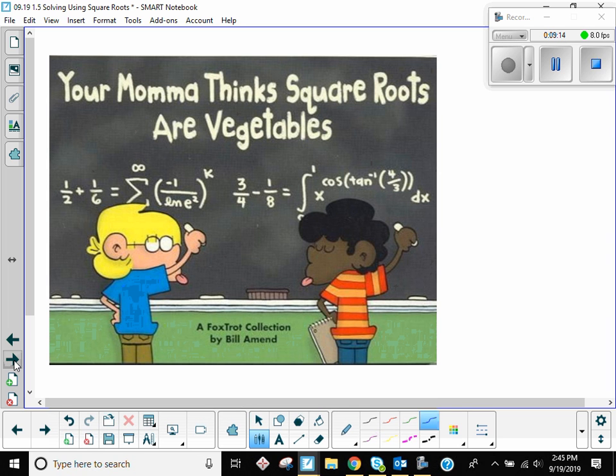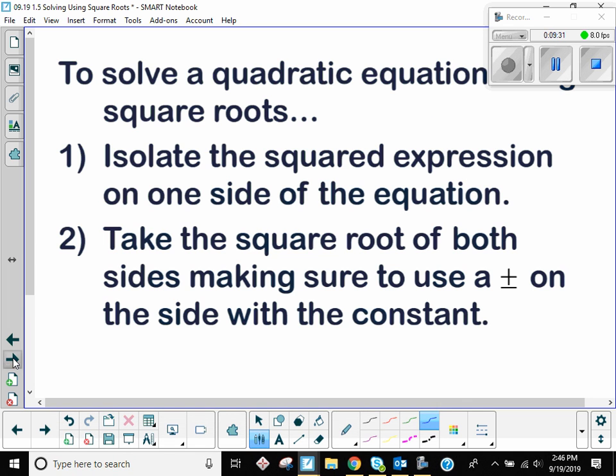Your mama thinks square roots are vegetables. I thought that's cute. My own personal children, of which I have 5, they tell each other your mama jokes, and I'm like, that's not how it works. You all have the same mom, so it's a fail. They think it's funny. I know. All right, thank you.